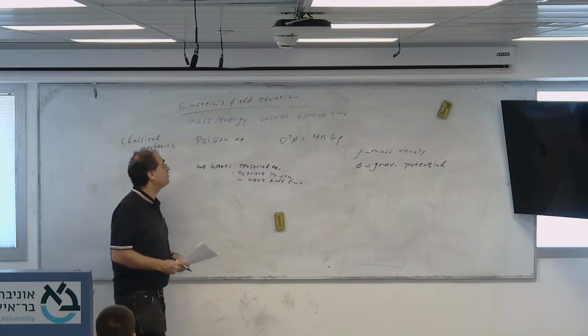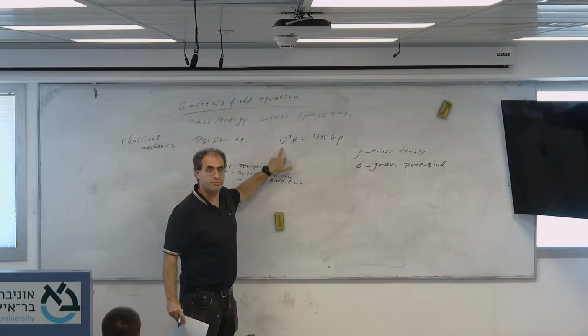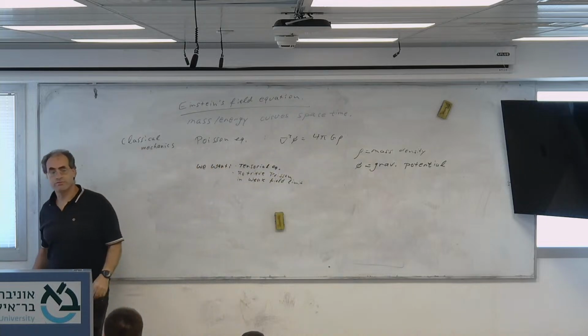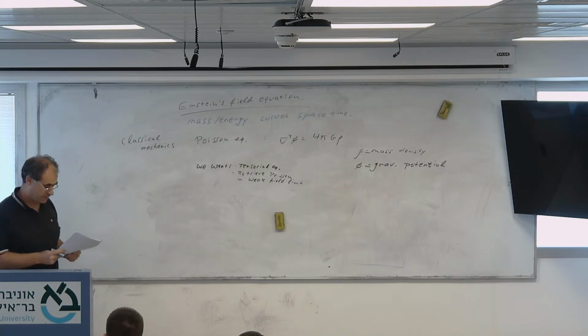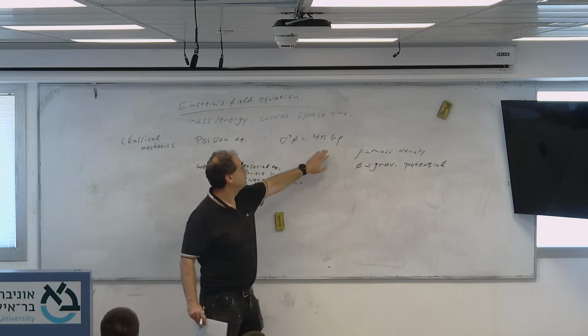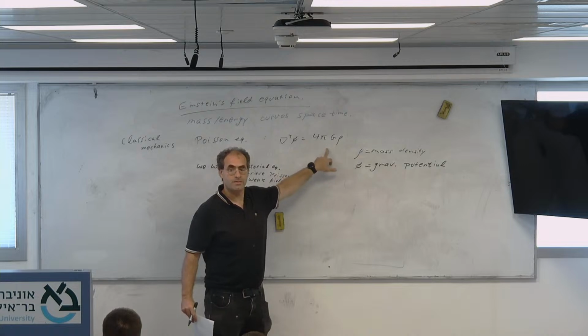What do we have here? The second derivative of the potential. What will replace it? Curvature. And here we have the distribution of masses. What will replace that? The stress energy tensor.